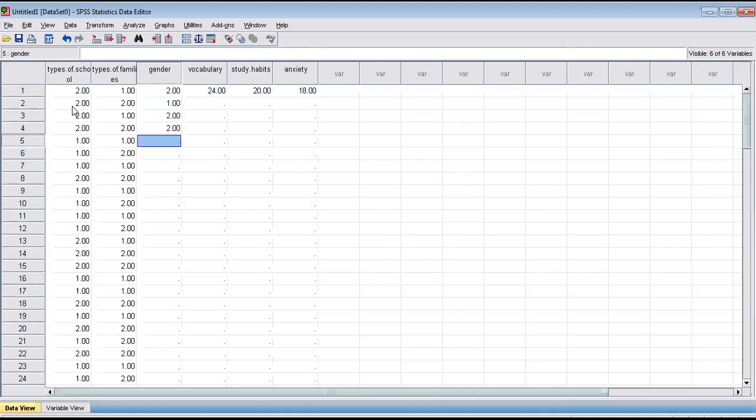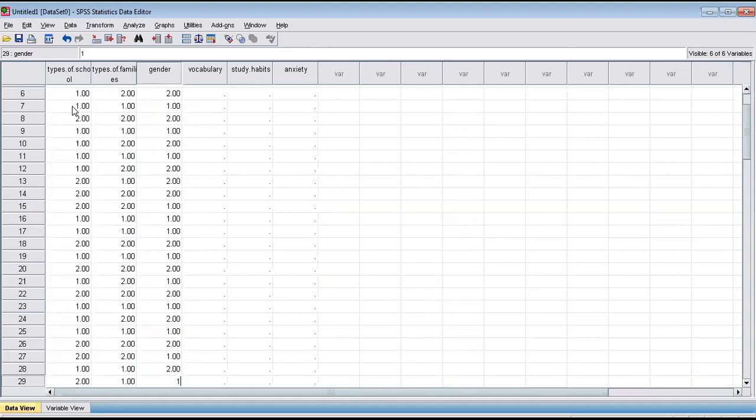Now I have to enter the data of the gender. So I can start entering. So I am about to enter the data of the gender now.